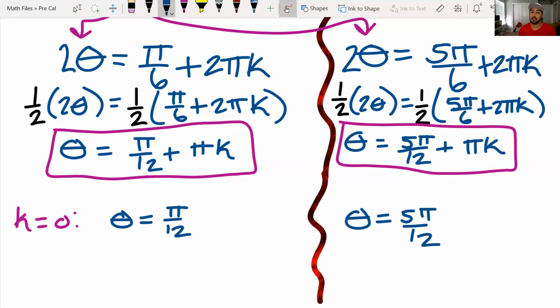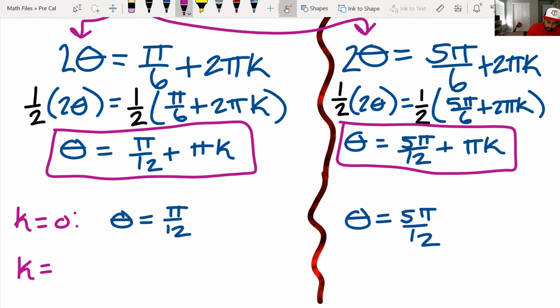So those are definitely in the unit circle. Pi over 12 is in quadrant 1, and I think 5 pi over 12 is still in quadrant 1. Yeah, because 6 pi over 12 would be pi over 2. So yes, still going.